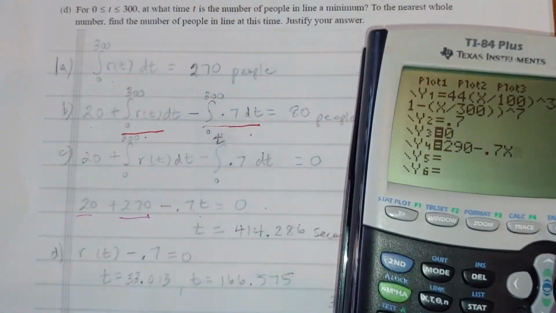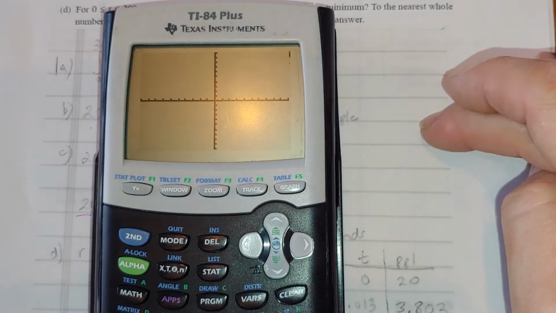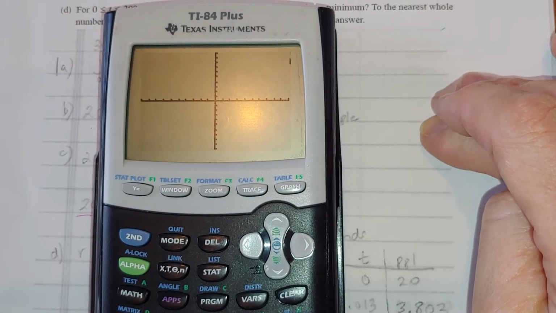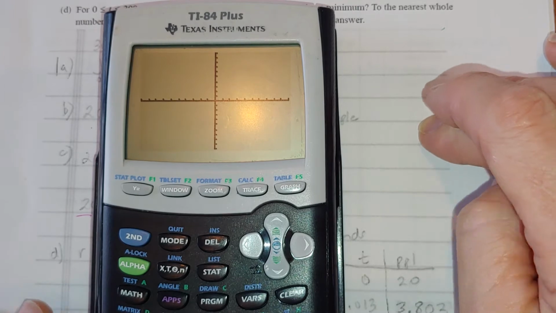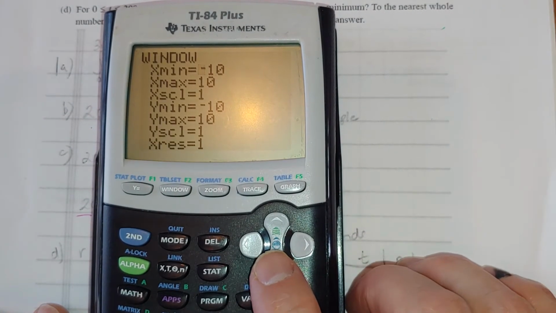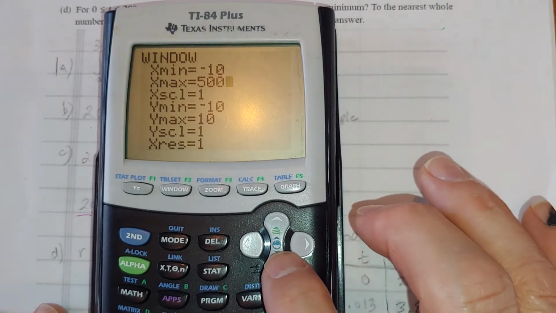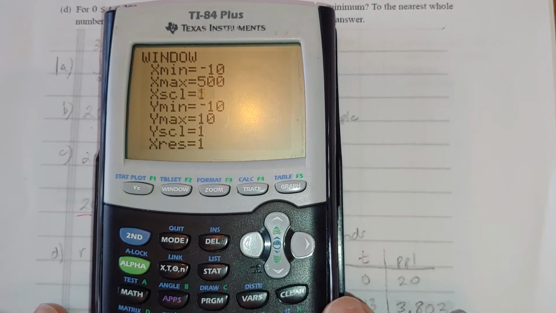Now this is going to be a number that's way out there, so we're going to have to adjust the window. If you do a zoom 6 window, by no means is that going to show in the window. You have to think about we're going past 300. All right, so you can stop the graph by pressing the on button. Open the window past 300. I'm going to go x max of 500, and I'm going to count by 25s or 50s.